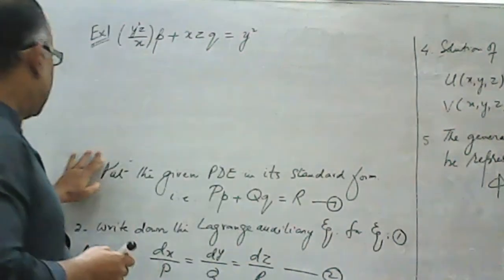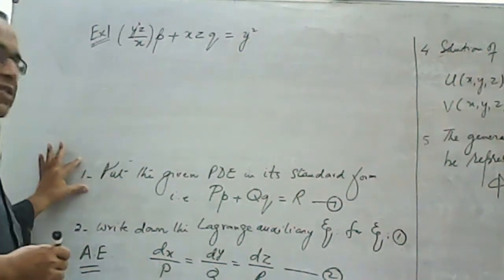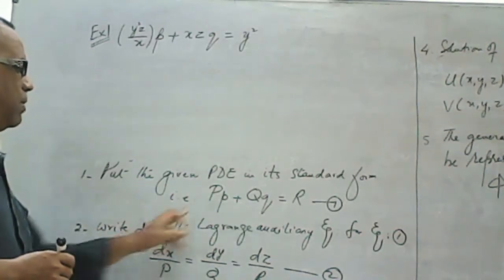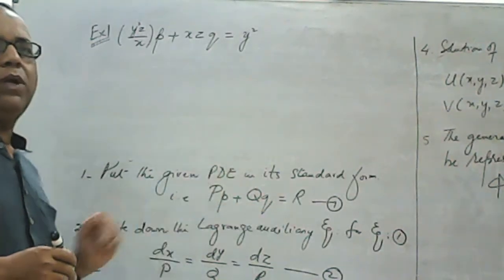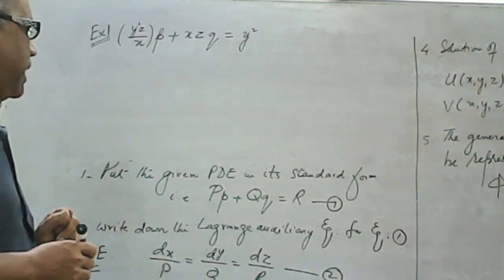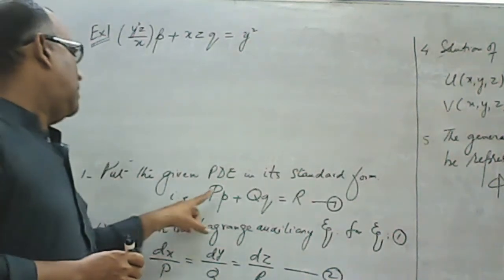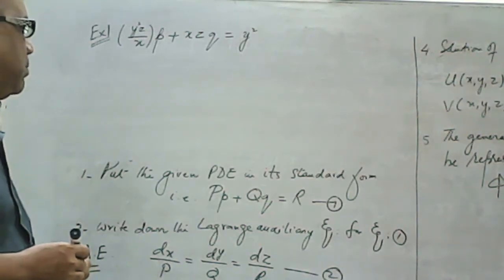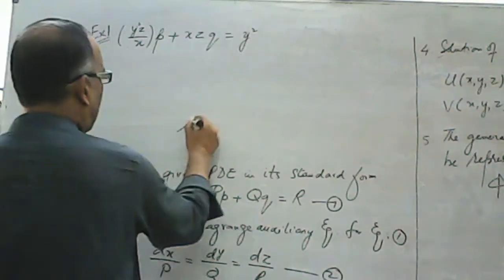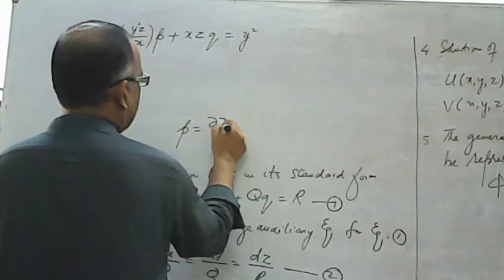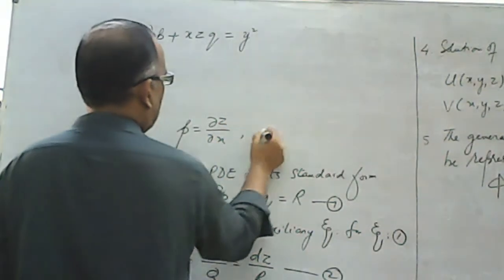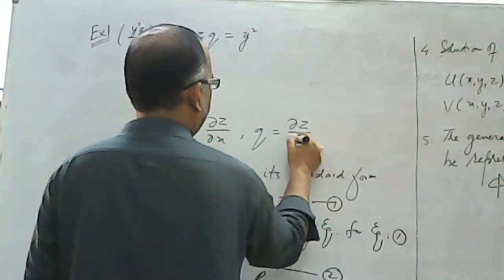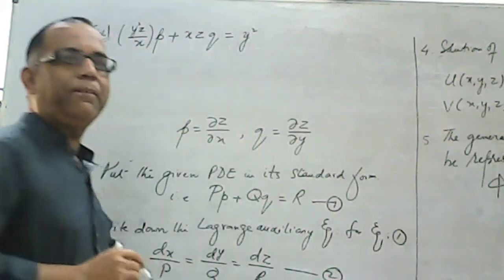Now the first step says, put the given PDE in its standard form Pp plus Qq equal to R. As you are aware, I told you at the start of first order first degree PDE that small p represents the first order derivative with respect to x and small q represents the first order derivative with respect to y.